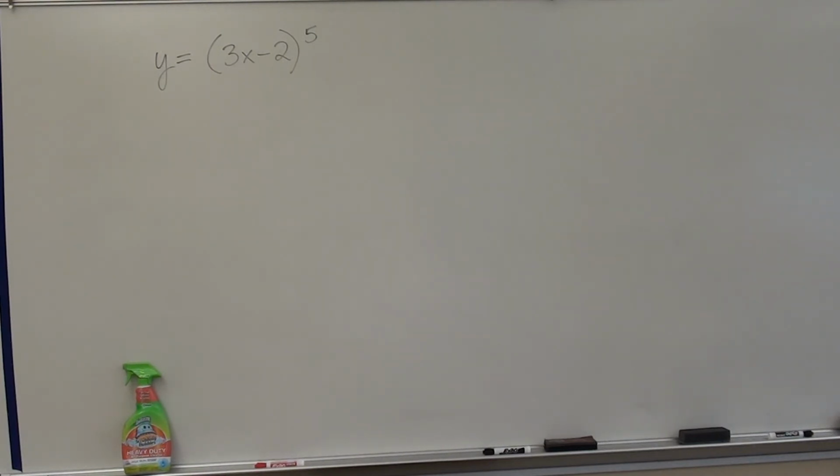15 minus 0. No, 15 to the 4th. I think it's... No, what's 3 times... what's 3? When you multiply, you multiply by 5 times 4.